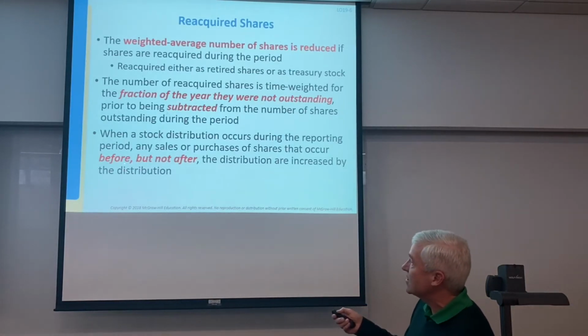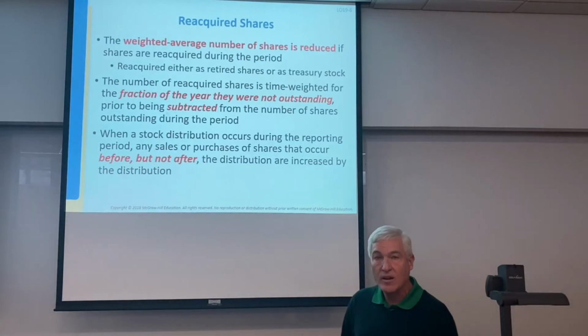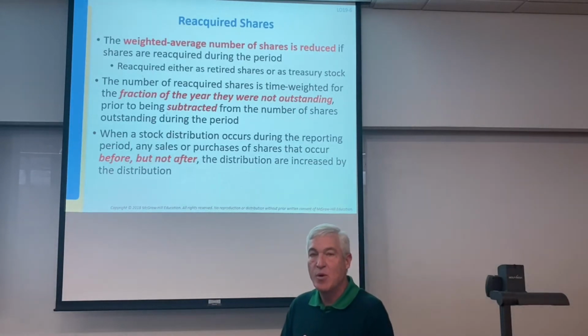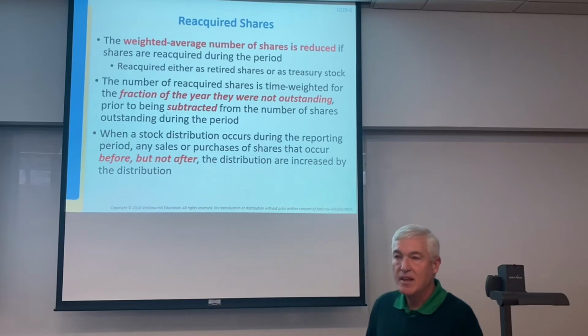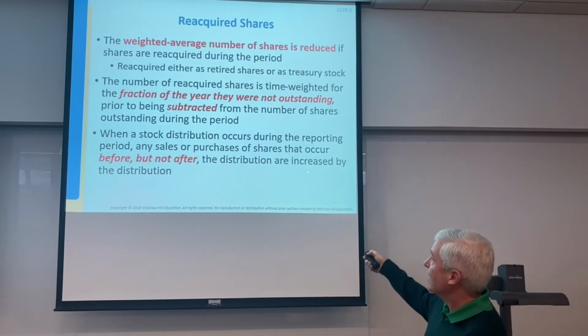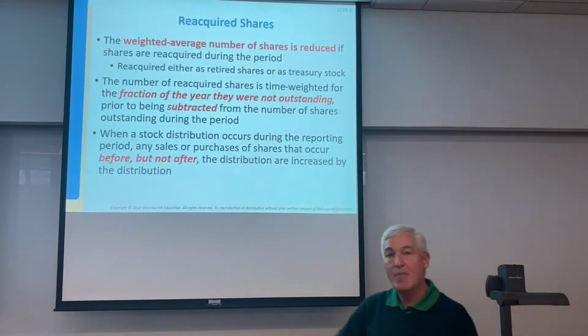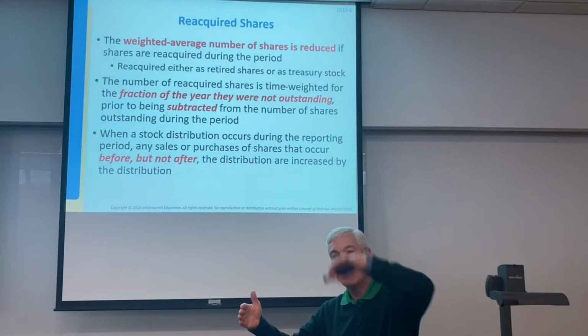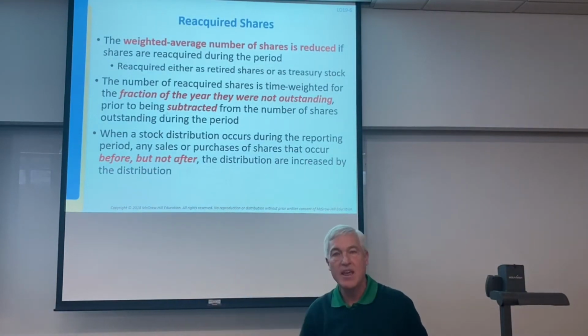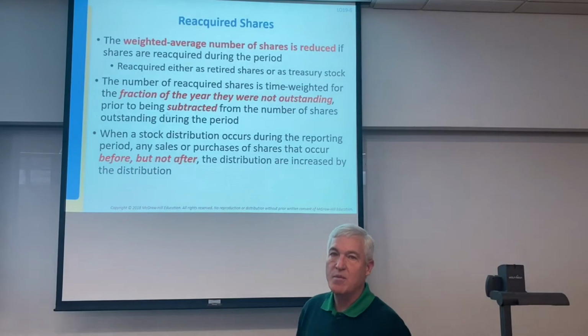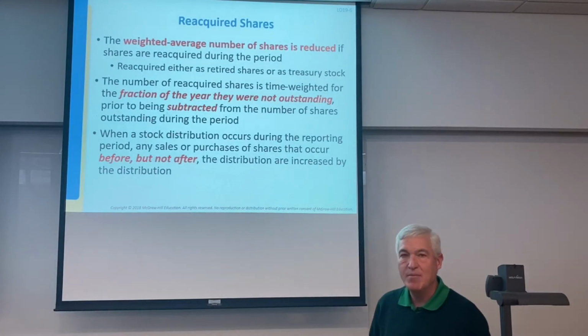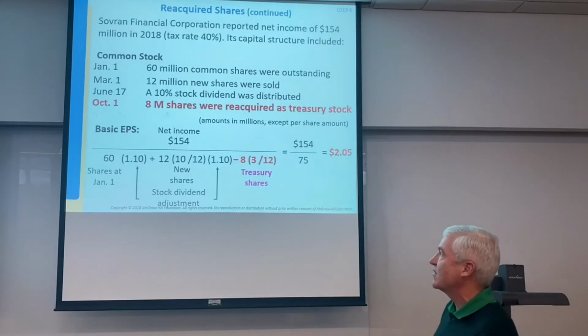If the stock distribution happened before, then we don't need to multiply it by 1.1. If we did multiply it, it would be increased. But if it happened after the stock split, those shares are already outstanding. When we buy shares back, that's already been taken into account. So timing matters here, and let's look at how this works.